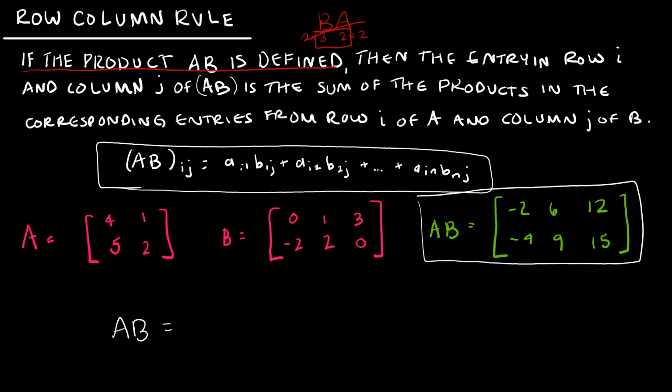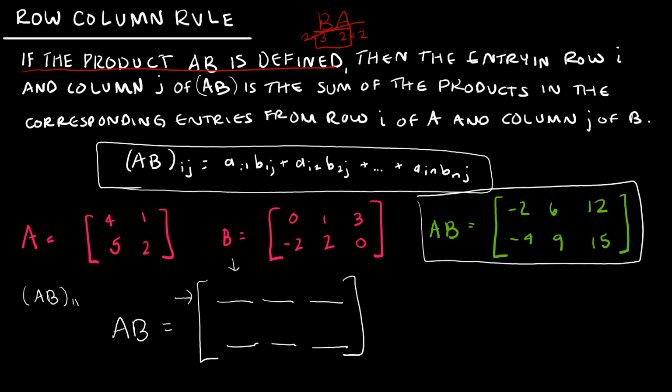So what this is telling me is that if I want to find AB11, so again, we already know this is going to be a 2 by 3 matrix for our solution, and AB11 would be my first row and my first column.